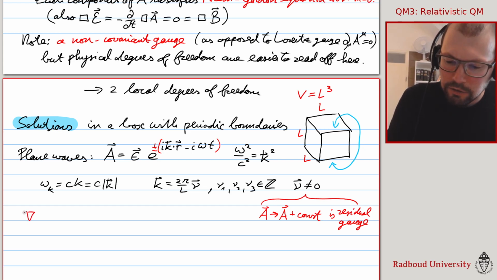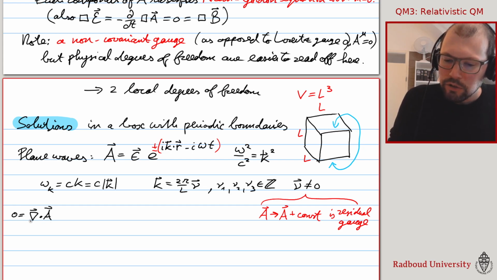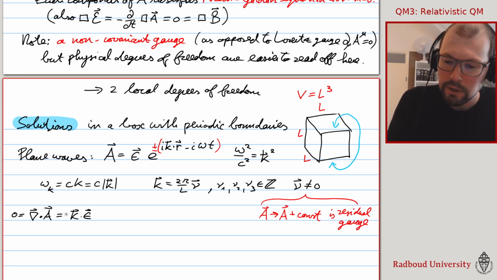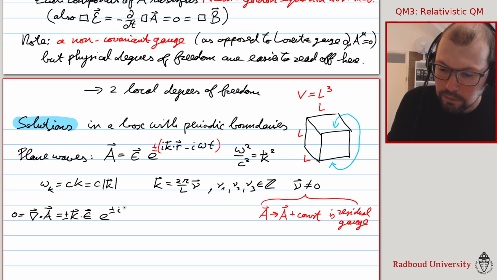Well, it means that the divergence of A has to vanish. So what is the divergence? It brings down one of these wave vectors. So we get the inner product of k with our polarization, with a plus minus, and then this exponential.